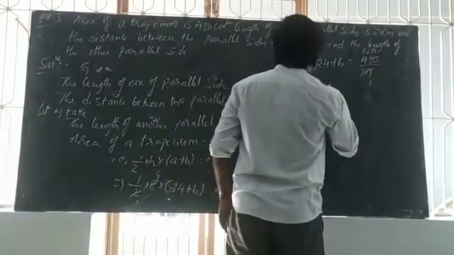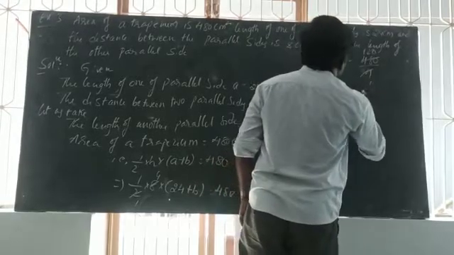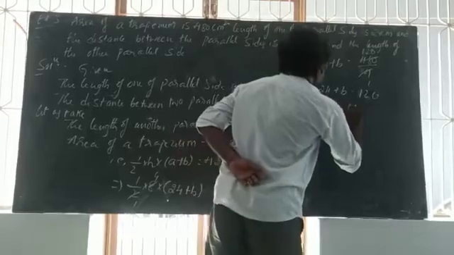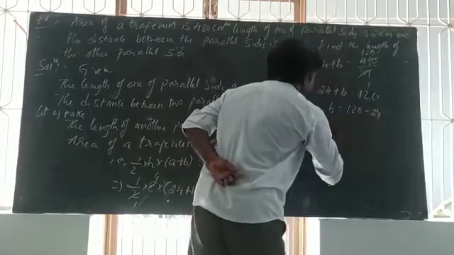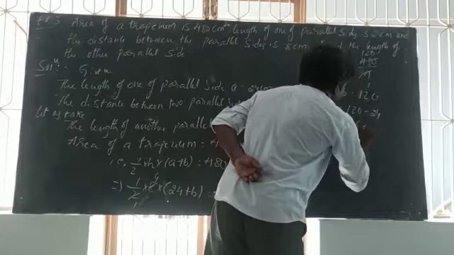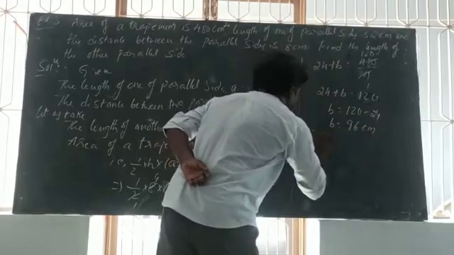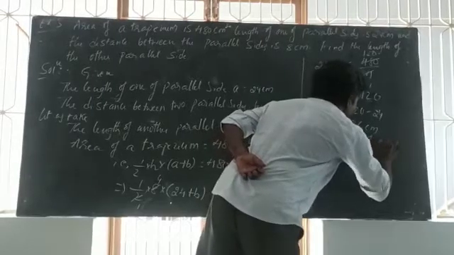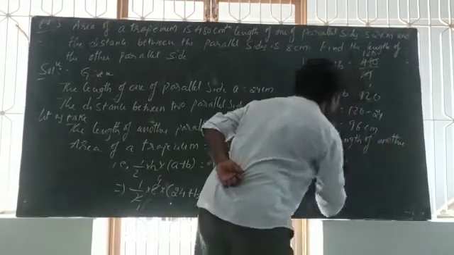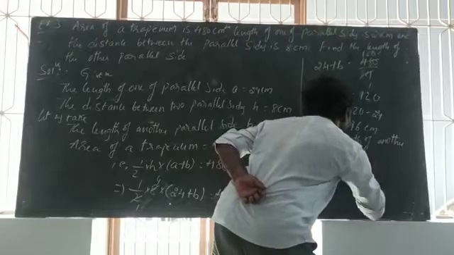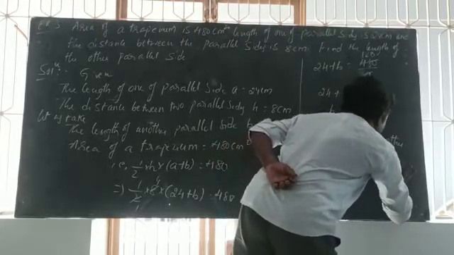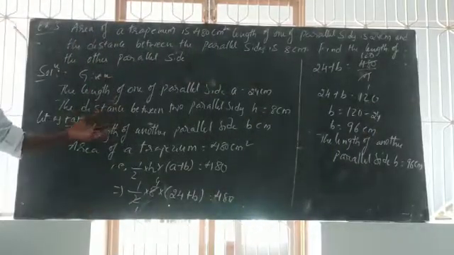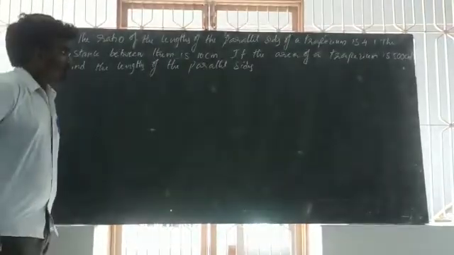So 24 plus b is equal to 120. Now 24 is added, so it is going to be minus: 120 minus 24. b is equal to 96 centimeter. So therefore, the length of another parallel side is 96 centimeter. This is the way to find the length of another parallel side.